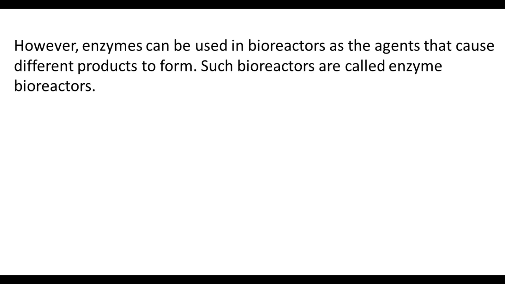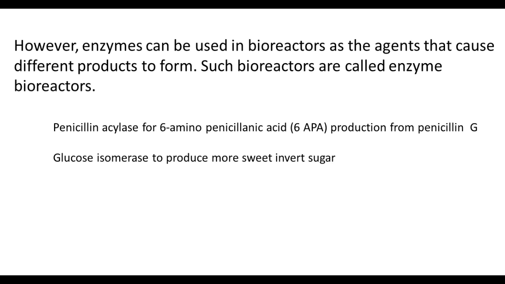Such bioreactors are called enzyme bioreactors. Examples here: penicillin acylase for 6-aminopenicillanic acid, or 6-APA, production from penicillin G. Penicillin G is converted to 6-APA through penicillin acylase. 6-APA is widely used, and glucose isomerase is used to produce sweet invert sugar. This is also used heavily in the food industry and beverage industry.